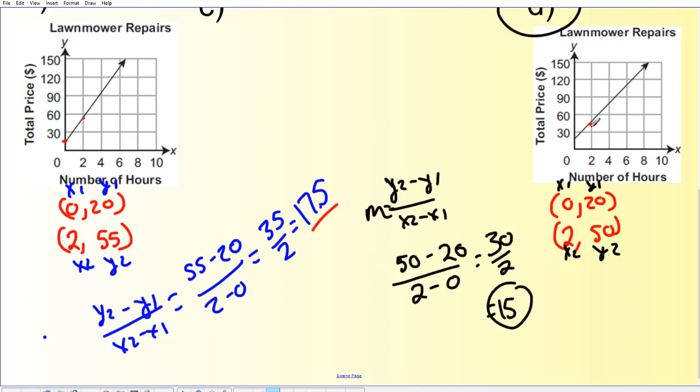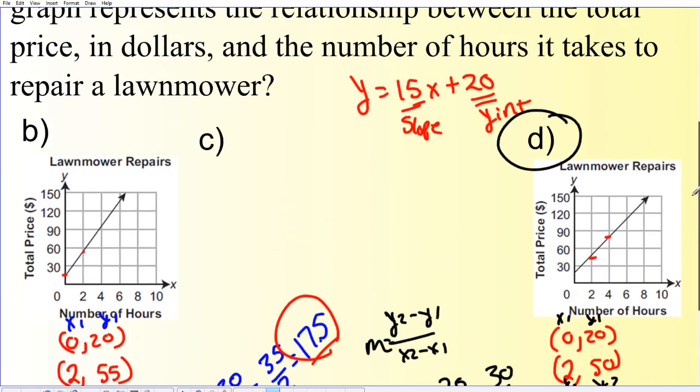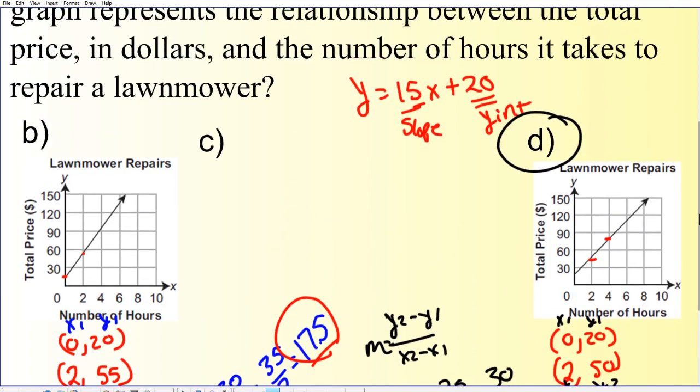If you said 51, 52, or 53, it's still going to be closer to 15 than 17.5. And if you picked another point, maybe 4 and 80, you're still going to get the slope of 15. So that's why the answer is letter D. We found the graph that had the correct y-intercept and the correct slope.